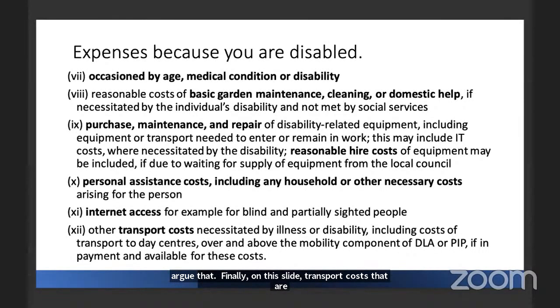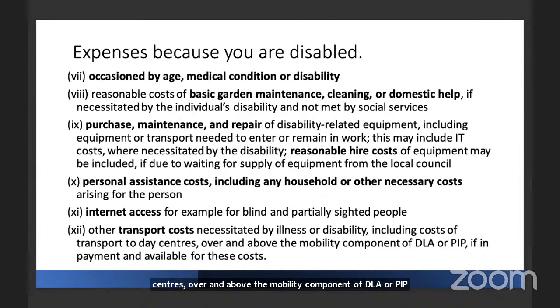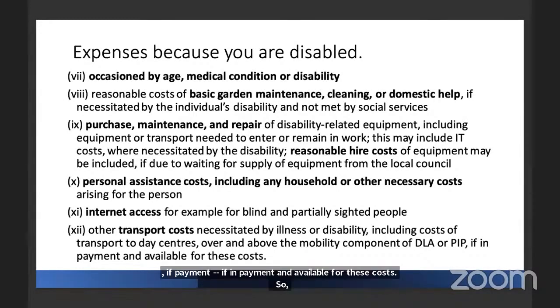And finally on this slide, transport costs that are necessitated by illness or disability, including costs of transport to day centres over and above the mobility component of DLA or PIP, if in payment and available for these costs. So local authorities are not allowed to take a mobility component into account when they're looking at charging you.